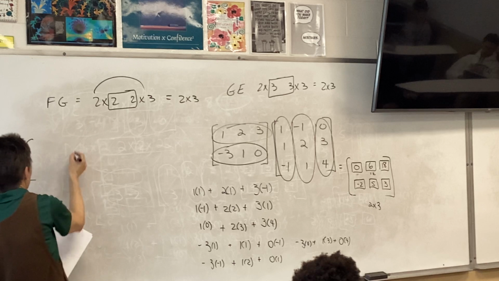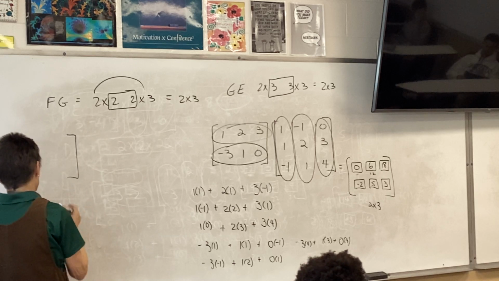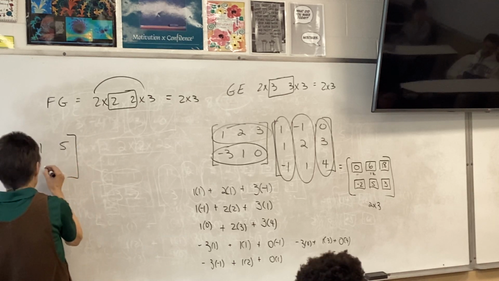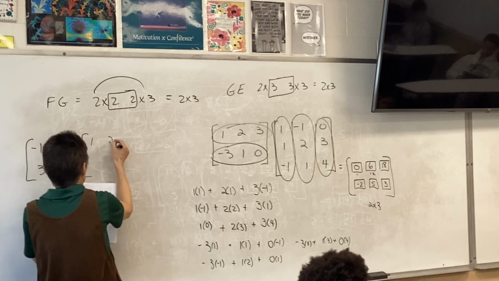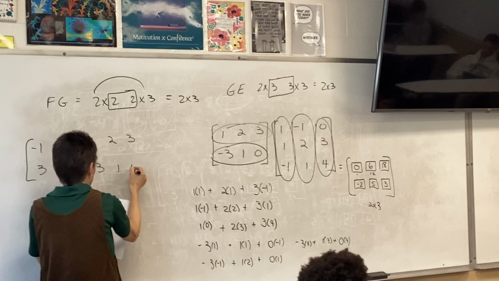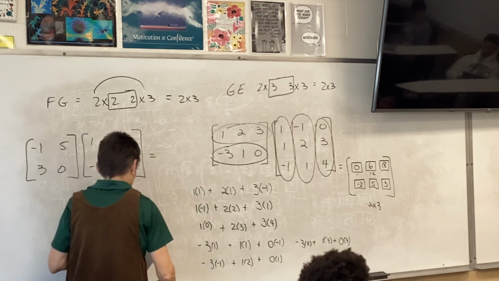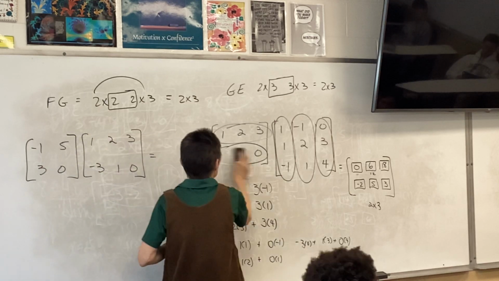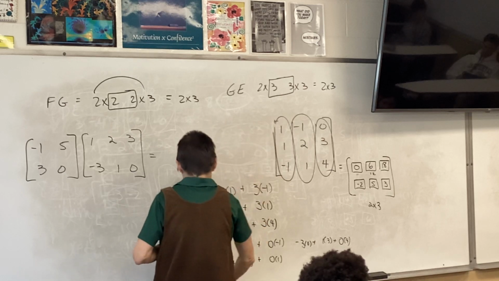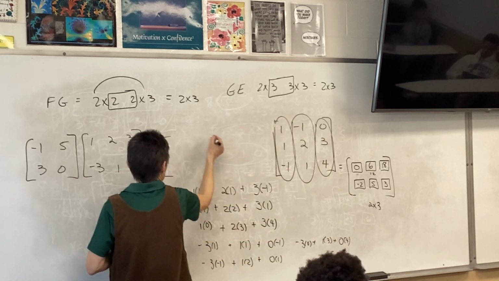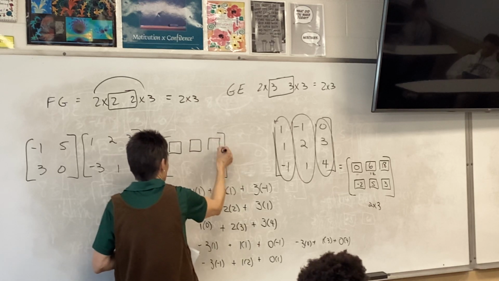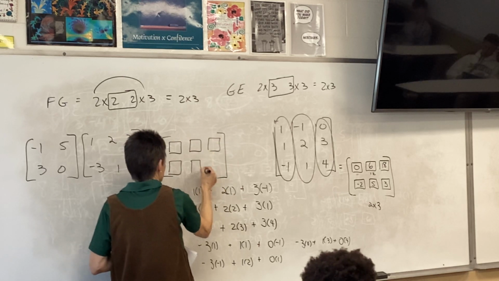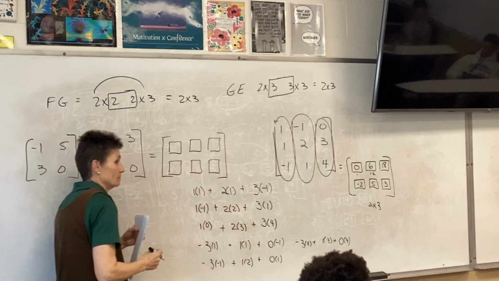So here we go. I have F and G. And that's going to be another 2 by 3. Two rows, 3 columns. There we go.